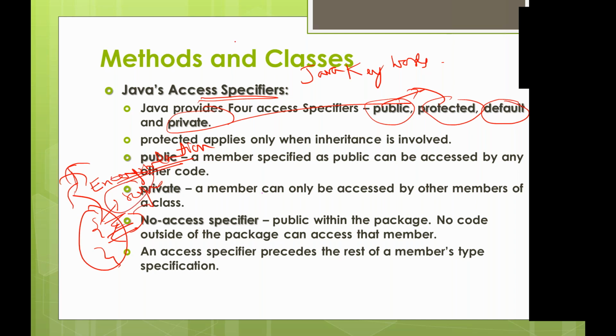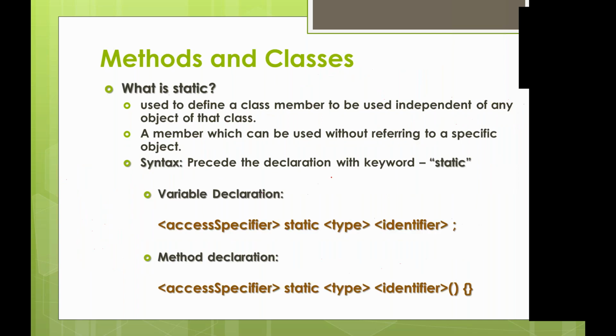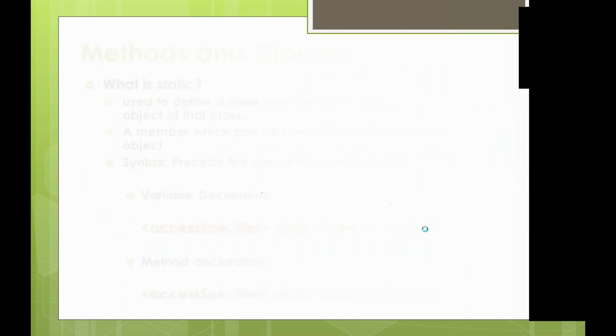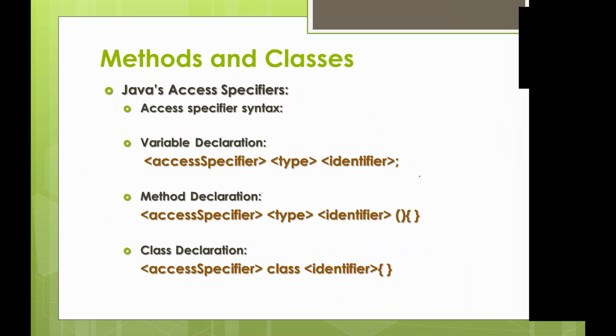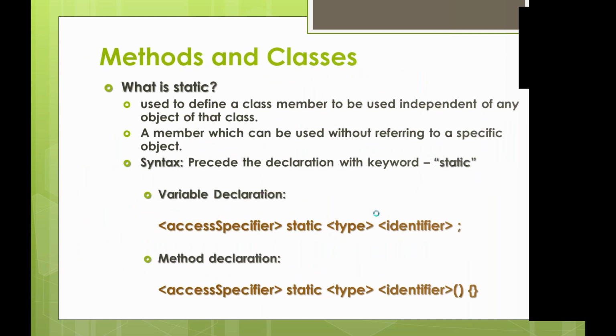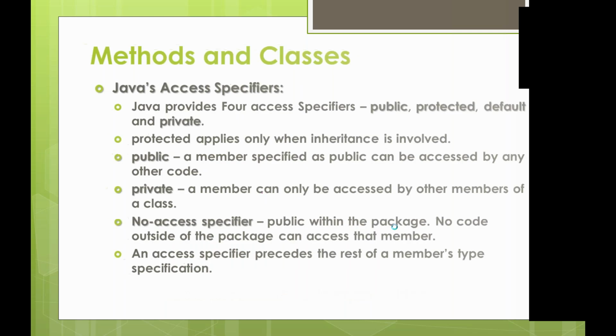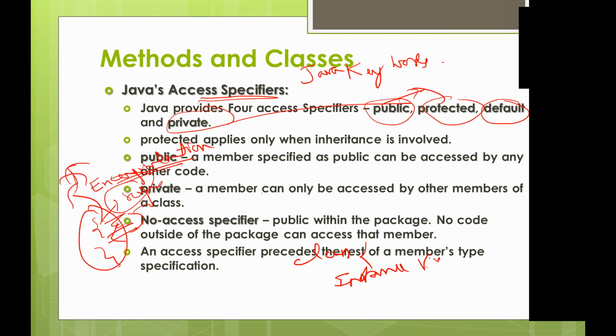So in case of classes, in case of inheritance, in case of your packages and all, you might need to have more access controls. In a class you'll have instance variables and methods, right?